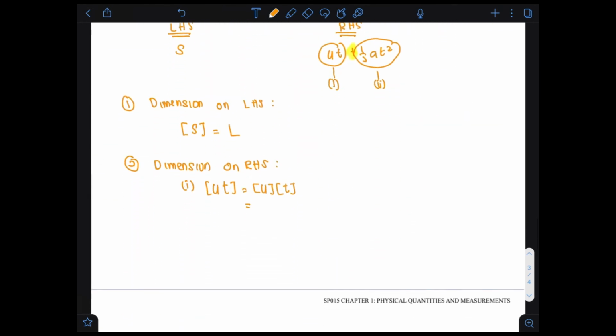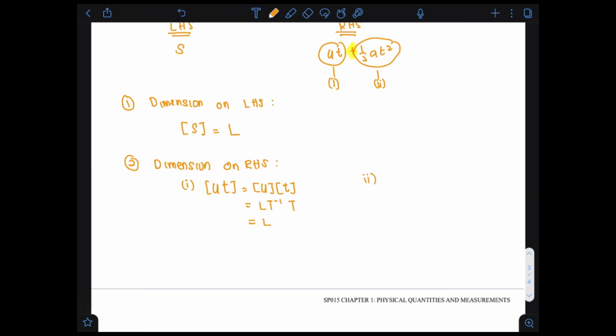So what I get for my U here, the dimension for U here is displacement over time. So I get LT negative 1. And then T adalah time lah kan, simbol dia adalah T. So I'm going to simplify this. T negative 1 multiply with T, we cancel each other, you end up with L sahaja. So on your right hand side for the first part, you end up with L. Dimension kamu jumpa adalah L sahaja.